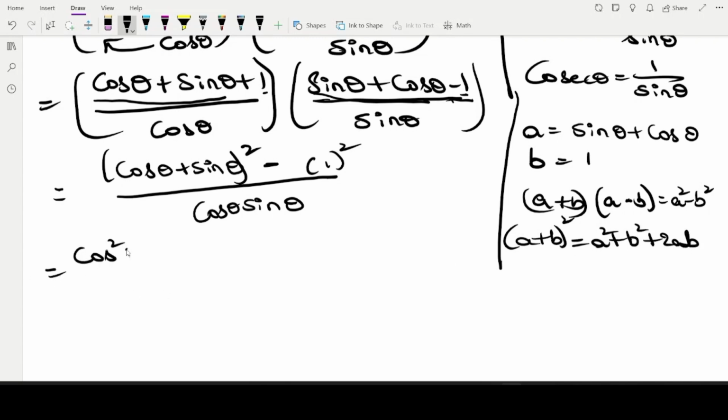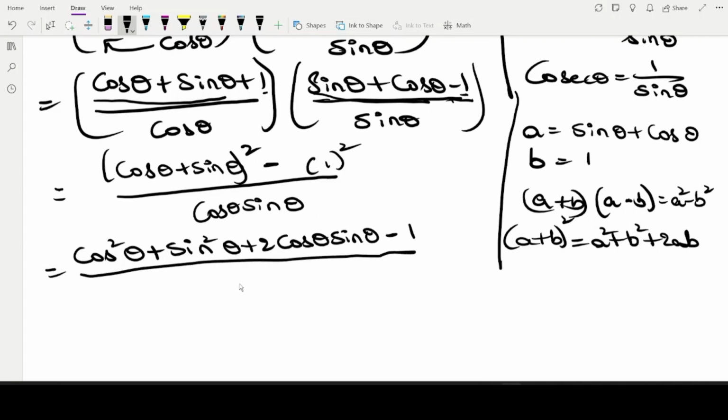A is cos square theta and b is sin square theta, plus 2, what is a? Cos theta, and what is b? Sin theta. A plus b whole square is a square plus b square plus 2 into a into b, minus 1 whole square, divided by cos theta into sin theta.